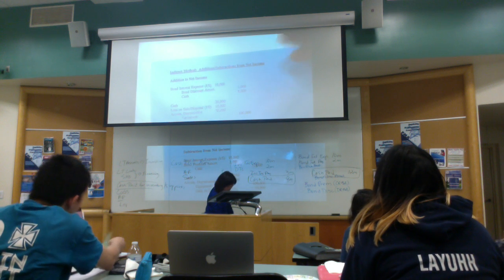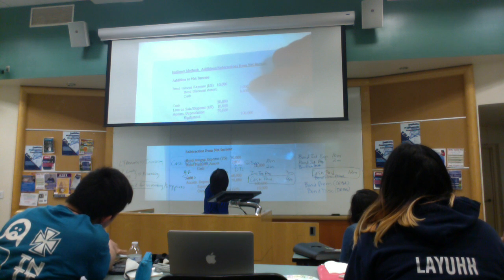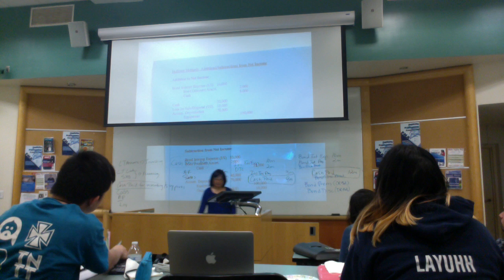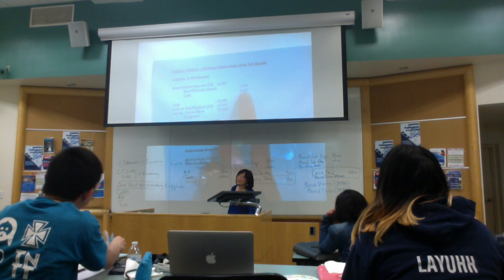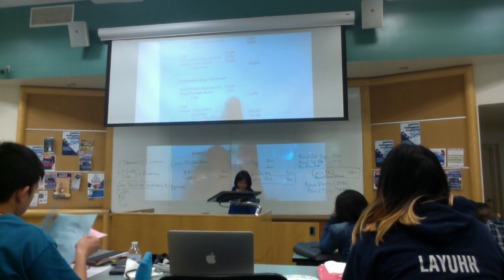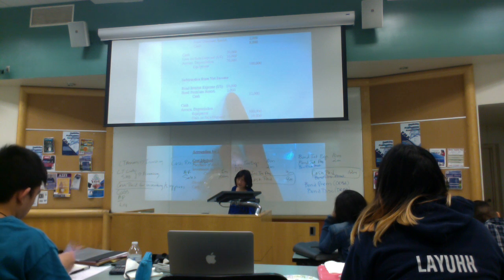When you have a bond discount, this is what your interest expense is. Here's your discount amortization. This is the only amount of cash that you pay, so you only pay cash of $8,000. This is non-cash. Same thing for your premium: your premium amortization, you paid cash of $12,000. This $2,000 is non-cash. Okay?